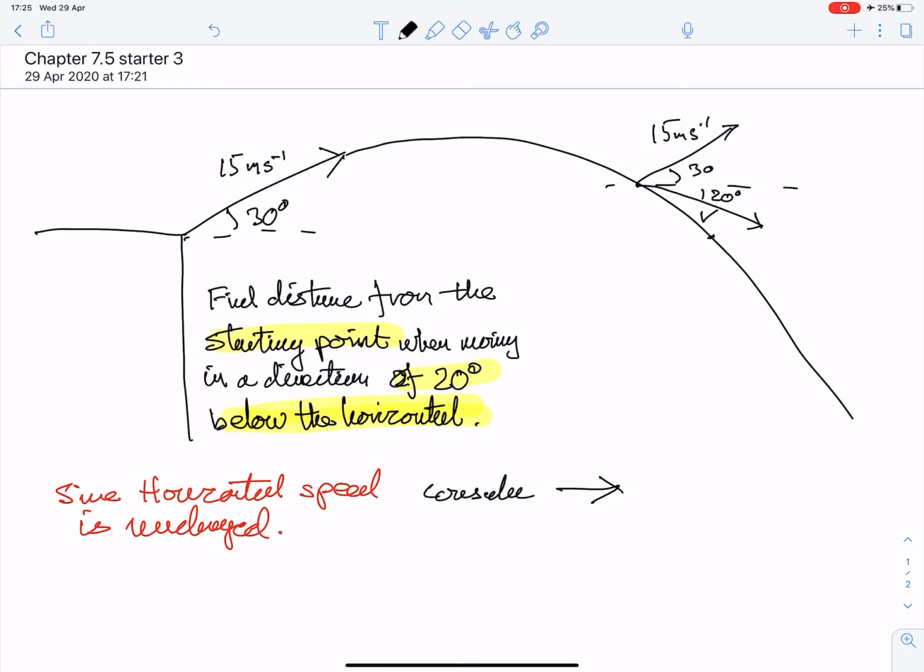So we'll call this speed v, and we know straight away then that 15 cos of 30 is equal to v cos of 20. So v is equal to 15 cos of 30 over cos of 20. So that's no problem at all.